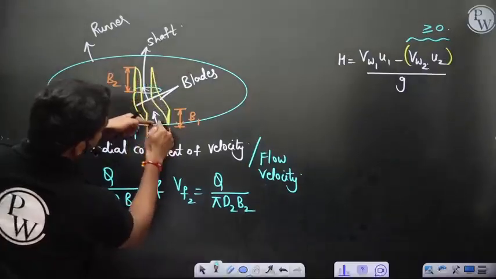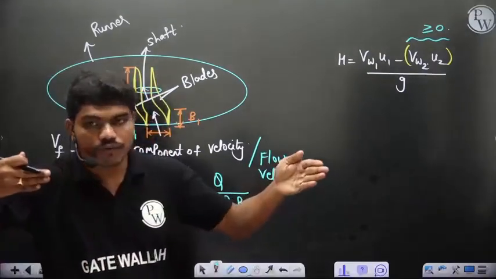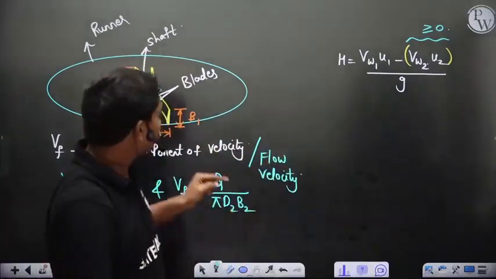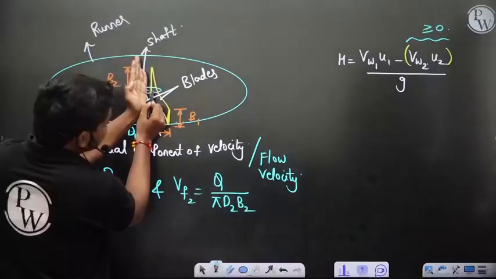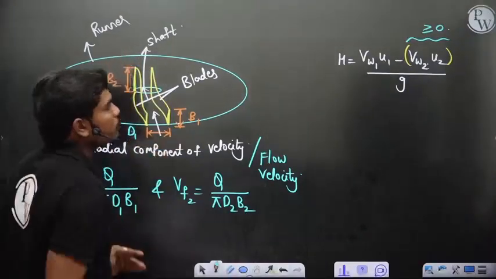If the flow is going like this, you cannot make it reverse like in the case of a Pelton wheel, where the fluid entered and came out. Here there is no chance that the fluid can reverse. It should definitely go into this and fall into the draft tube. Why?